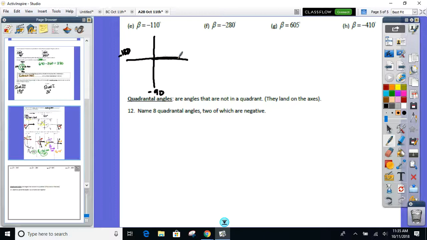Perfect. Do you guys see where the reference angle is? Right here. What does that angle measure?